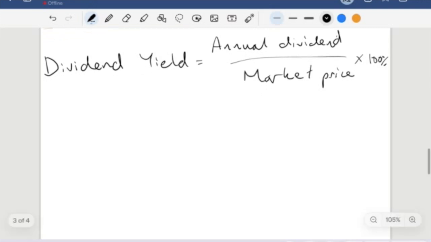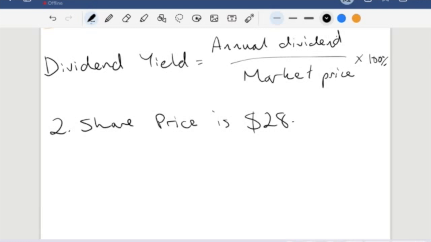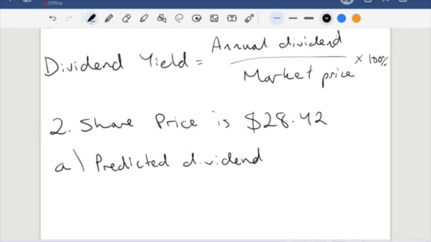So let's look at an example here. Let's say a company has a share price, their market value, is $28.42. Now, for this first part, let's say the predicted dividend yield is 3.5%.